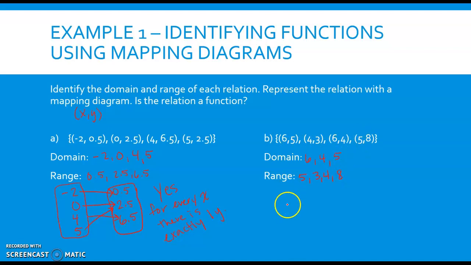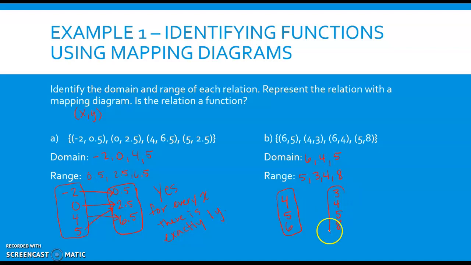So those are my y values. So now when I go to map it, I'm going to put these in order. So I have 4, 5, 6, and my rounded rectangular boxy thing. And then in order 3, 4, 5, 8.